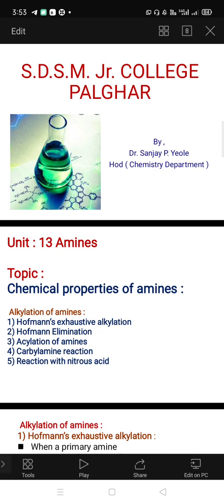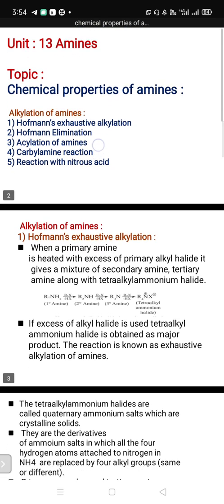In that, we are going to learn alkylation of amines. First method is Hofmann's exhaustive alkylation, then Hofmann elimination, then acylation of amines. Then we'll see the carbylamine reaction, then reaction with nitrous acid, meaning HNO2. Step by step, we'll discuss.